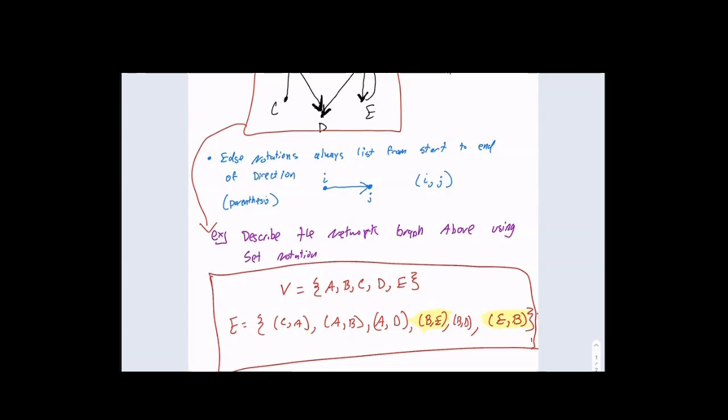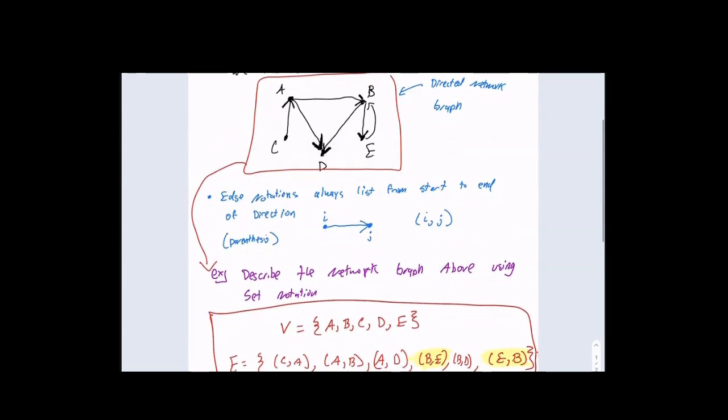We label when we are asked to describe using set notations. We must first state the vertices, all of our nodes that are in our network graph, and then we must state the edges. And then for a directed one, we always have to list all of them that go from the start to the finish. So this one's a little bit more detailed.